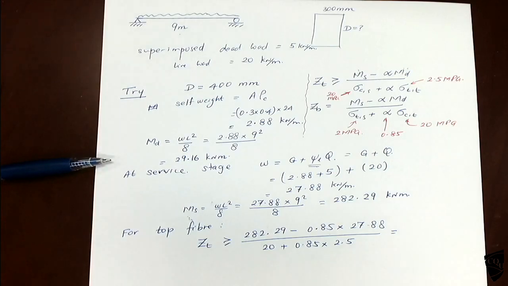So just look at this one: 0.85 times 29.16.